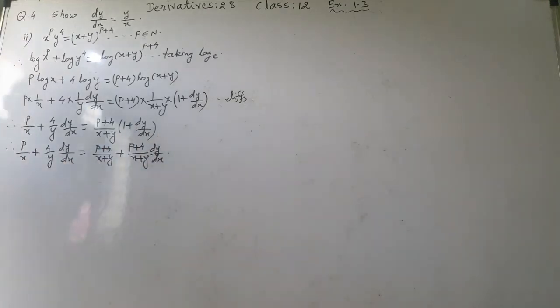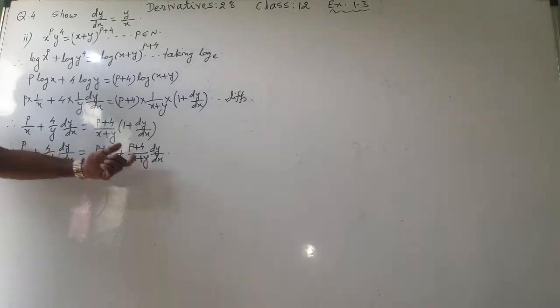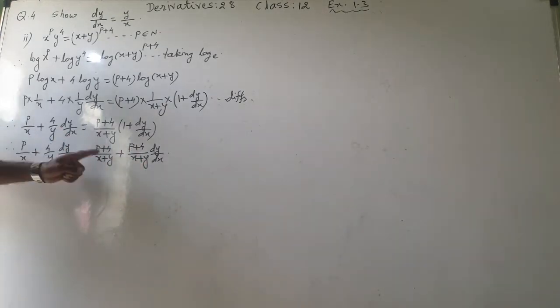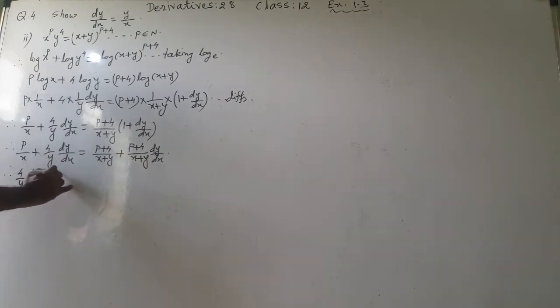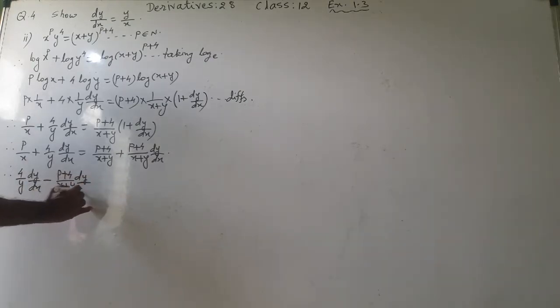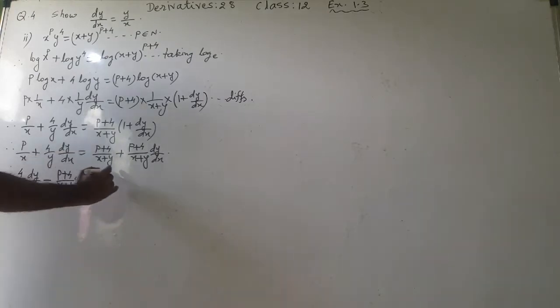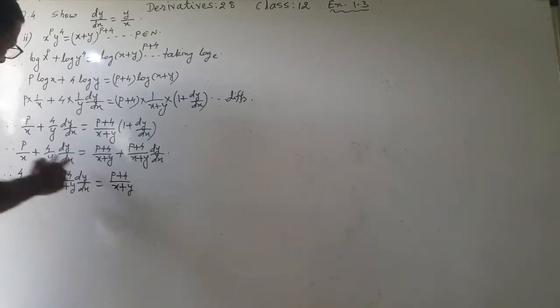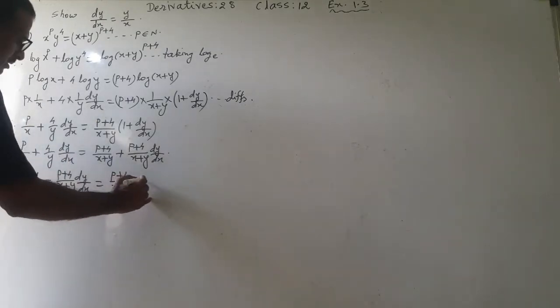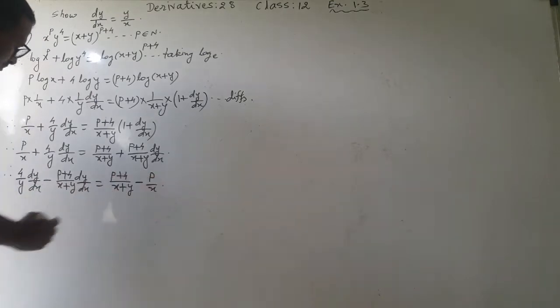Now our next work is just to bring the dy by dx terms together and take the rest on that side. So this will be 4 upon y dy by dx minus p plus 4 upon x plus y dy by dx is equal to p plus 4 upon x plus y. Now I am bringing this also there, so minus p upon x.